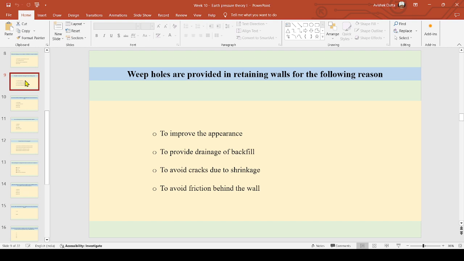Option 2, to provide drainage of backfill. Option 3, to avoid cracks due to shrinkage. And option 4, to avoid friction behind the wall.